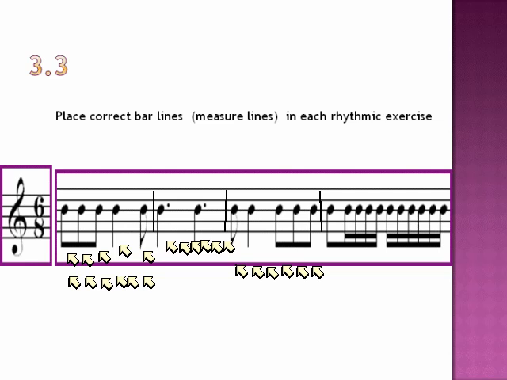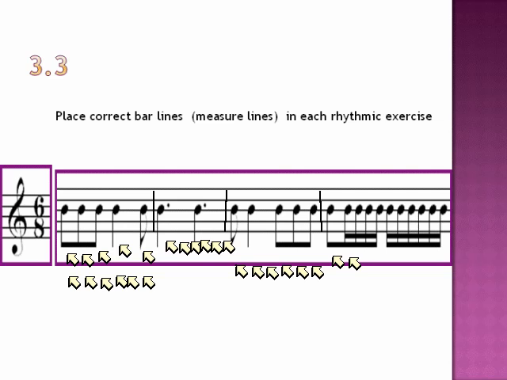Now that next one looks really complicated. It's not at all. It's very easy to figure it out if you know the equivalence. There's 1 quarter note, that's 1 beat. Now it takes 2 16th notes to equal an eighth note. So 2 16th notes equal 1 beat.